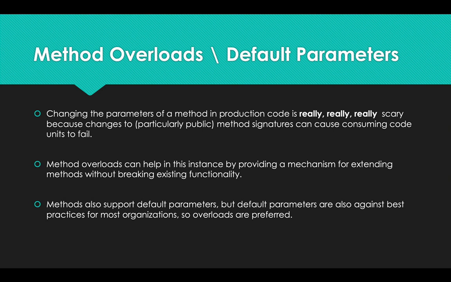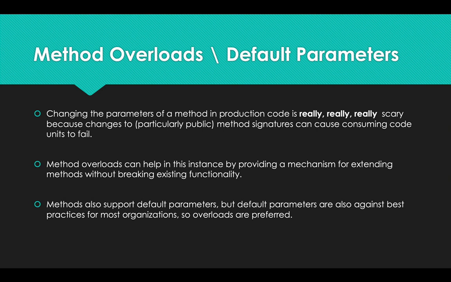Another very related method feature is default parameters, where you can supply default parameters that make your parameters in the method signature optional. This is the same functionality used in both Java and C++.